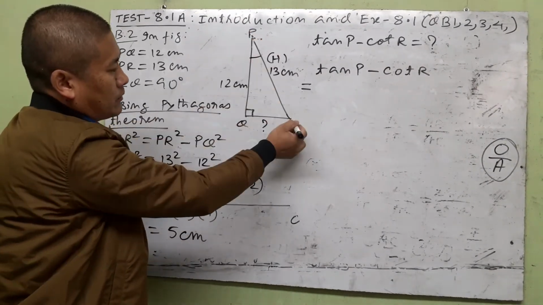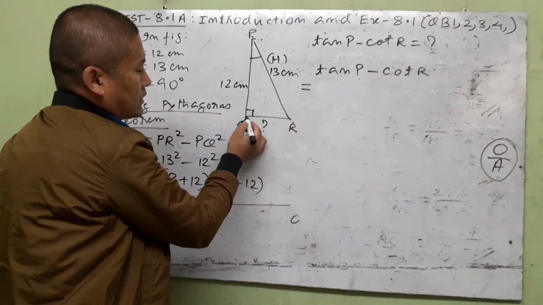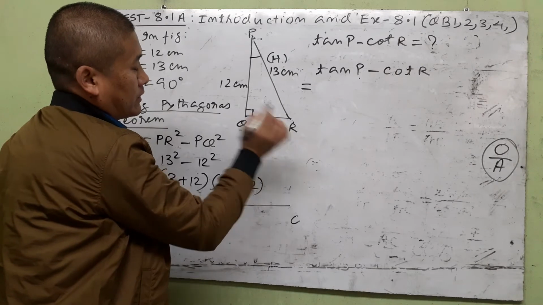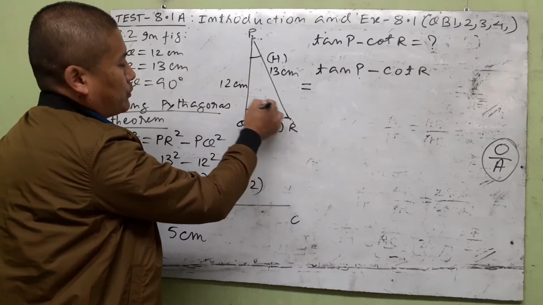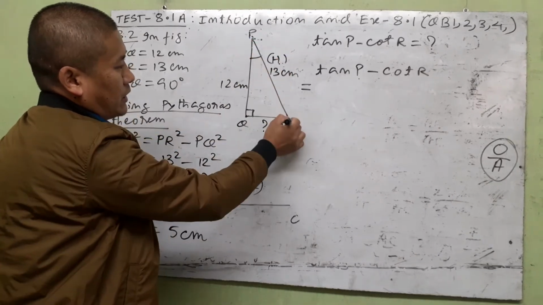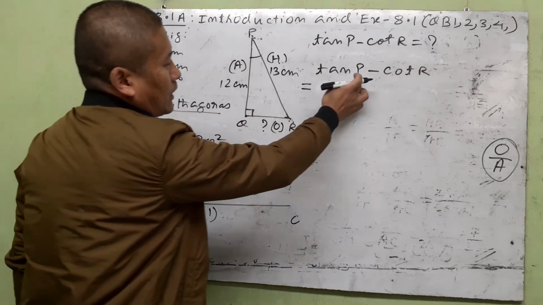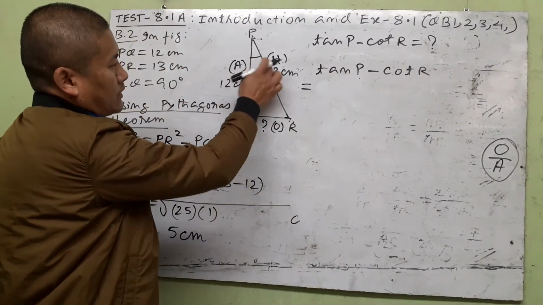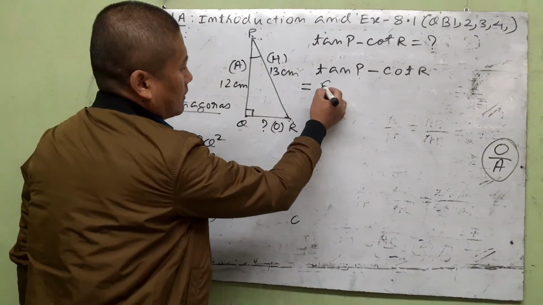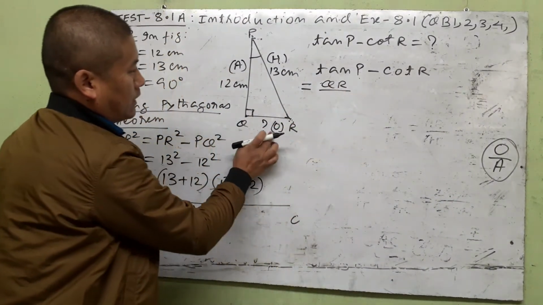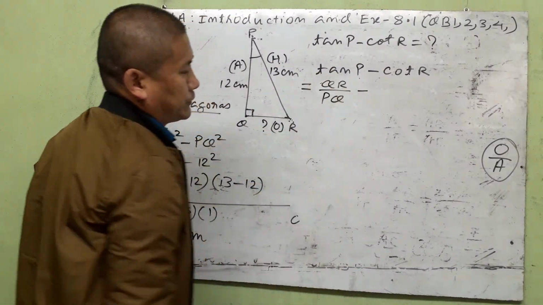The two arms of angle P are PR and PQ. The one which is not an arm is QR, so this is the opposite in this case. Then the two arms of 90 degrees are QR, QP, so the hypotenuse is PR. The one unmarked here is now the adjacent. When we take angle P, this is O, this is A, this is H. So O by A means O is this one, QR, by A, here, PQ, minus.